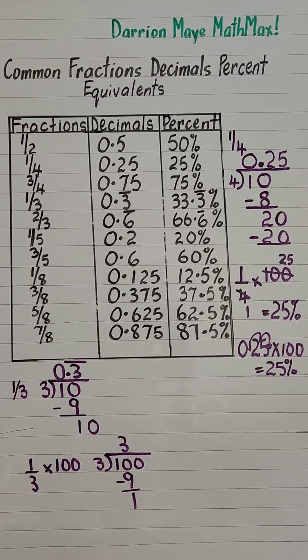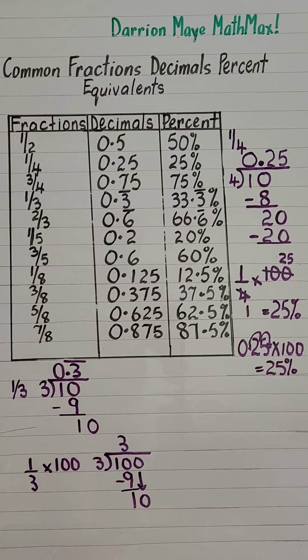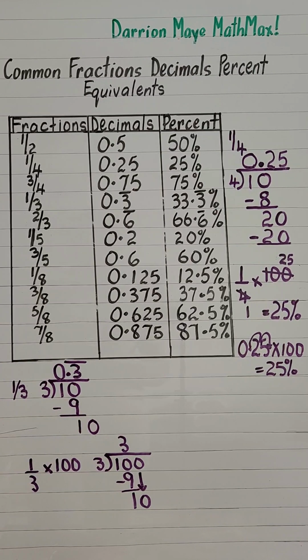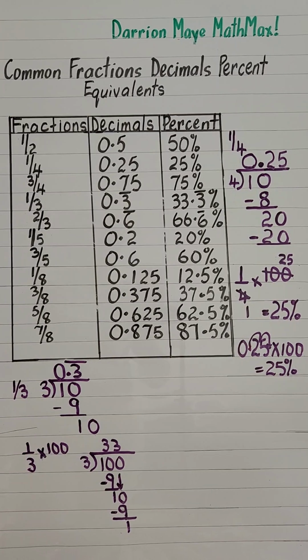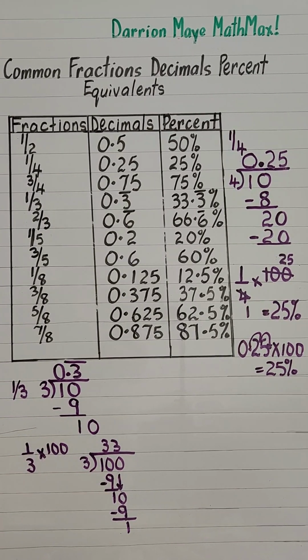And we multiply. 3 times 3 is 9. We subtract. 10 minus 9 is 1. And we bring down the 0. How many times can 3 go into 10? And that is 3 times. 3 times 3 is 9.